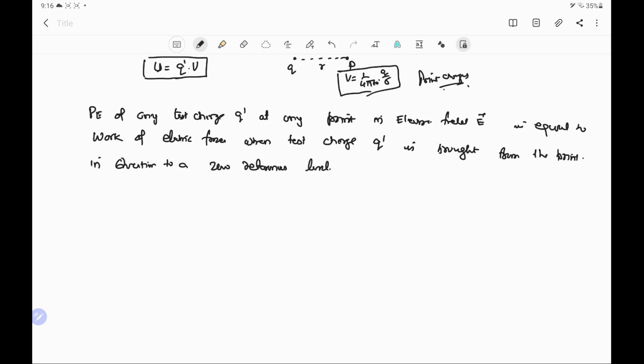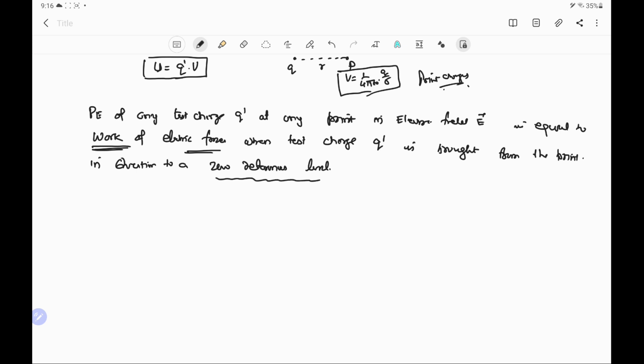It means the potential energy of any test charge Q' at any point in electric field E is equal to the work done by the electric force when the test charge Q' is brought from the point in question to a zero reference level.